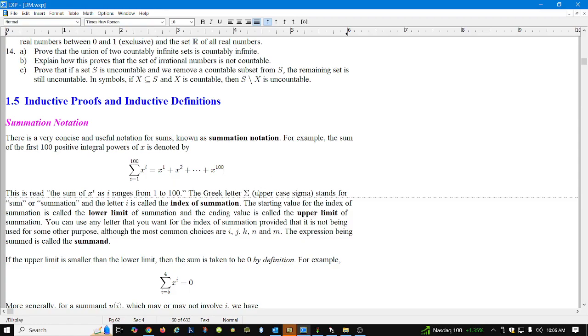You can use any letter you want for the index of summation, provided that it's not being used for some other purpose, of course. But the most common choices that I've seen over the years are i, j, k, n, and m. L isn't so common because a typed l kind of looks like a 1, so it's a little dangerous.